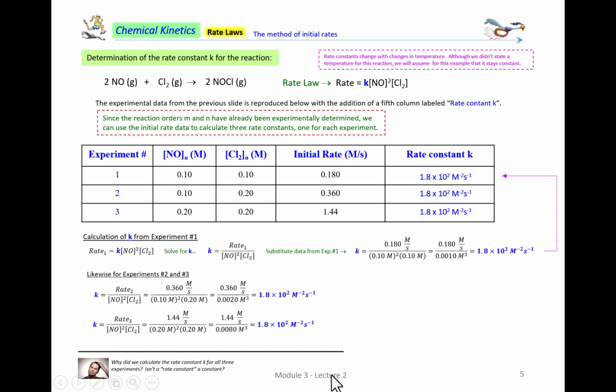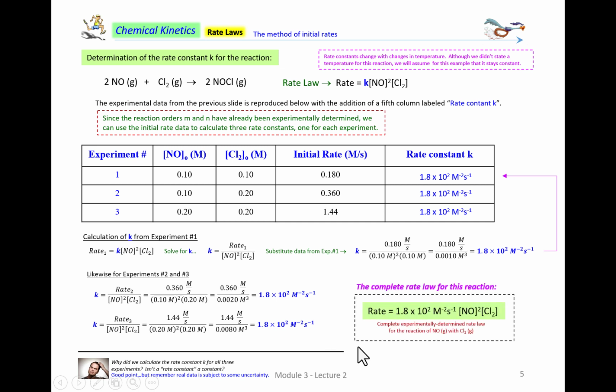So the rate constant is a constant. Doesn't that make sense? Well, yes, it does. The rate constant should be a constant. We should get the same number for each of these experiments. However, in the real world, real data is subject to some uncertainty. And so we're going to deal with that in just a second. But for now, we have a complete rate law for this reaction.